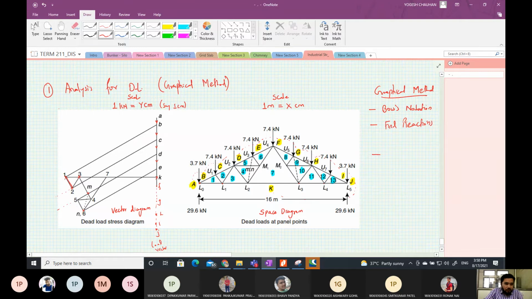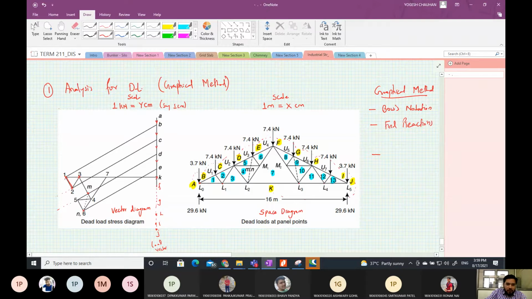So 1 will directly be obtained from intersection with K. 2 we obtain from intersection of line 1 2 with line C. 3 is obtained from the intersection of line 2 3 with K. Then M is obtained from intersection of 3M with D, so you will get this M. After that we get N point, which is obtained from the intersection of line MN with E, so you will get this point.